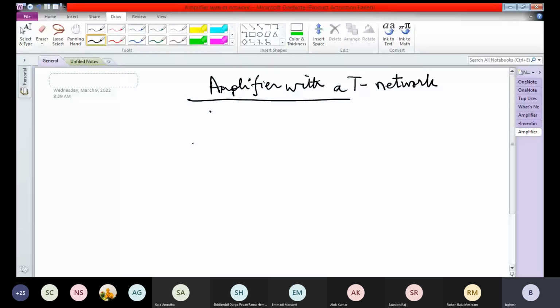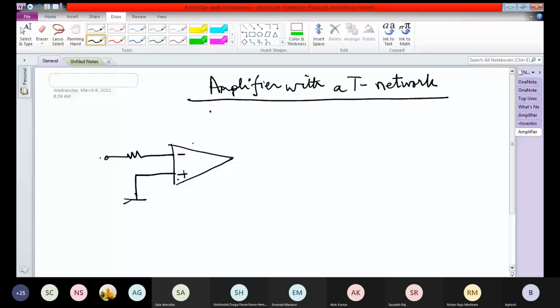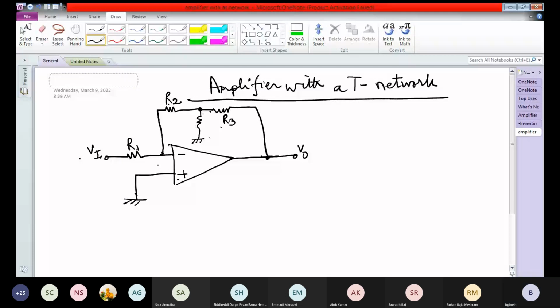We have again the simple operational amplifier. We have VI here, R1 here, R2 here, R3 here, R4 here.